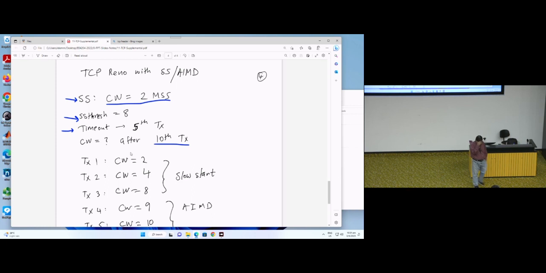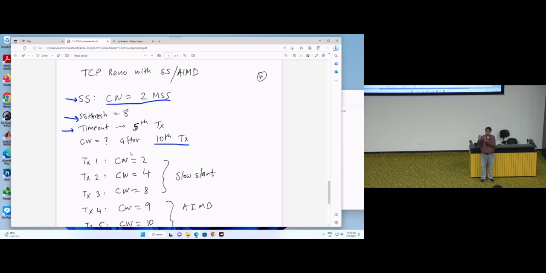So if you remember, there were variants of TCP, and these variants generally differ in how they react to congestion signals. The two examples we saw were TCP Reno and TCP Tahoe. TCP Reno reacts to timeout in a very aggressive way, and to triple duplicate ACKs by cutting the congestion window in half.